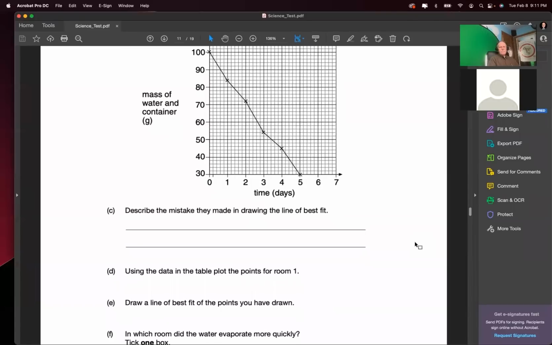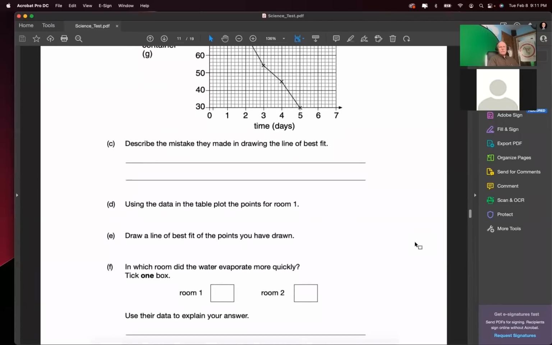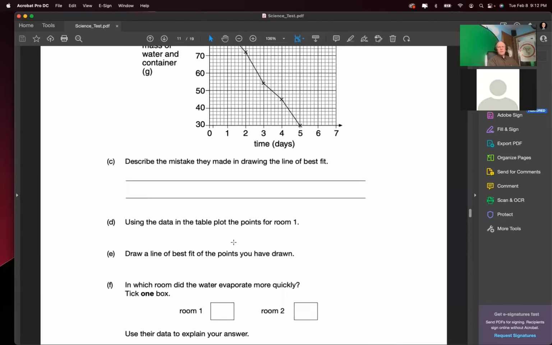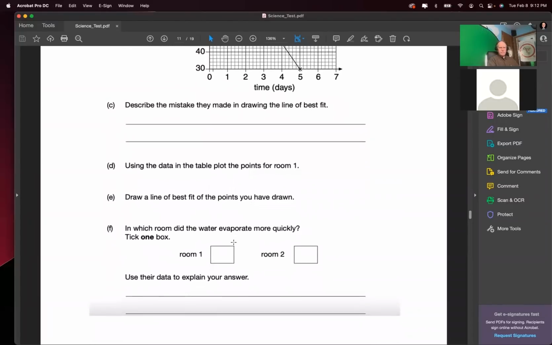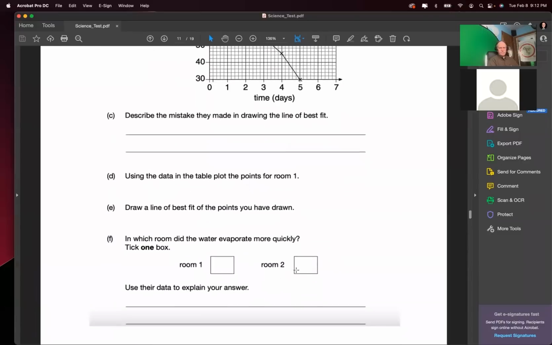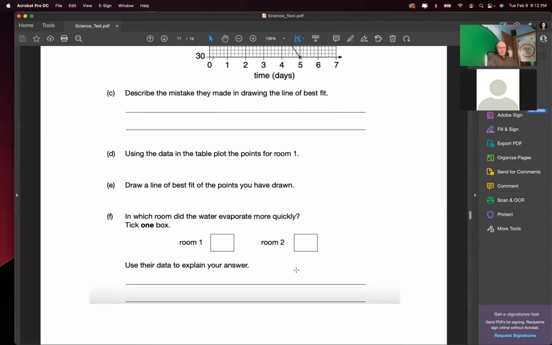Now, using the data in the table, plot the points for room 1 and draw a line of best fit. With your permission, I'm going to go ahead and forego those two. I don't think that's necessary. I think you can plot dots on graph paper, and you did indicate that you had an answer for why this is not a line of best fit. Okay.